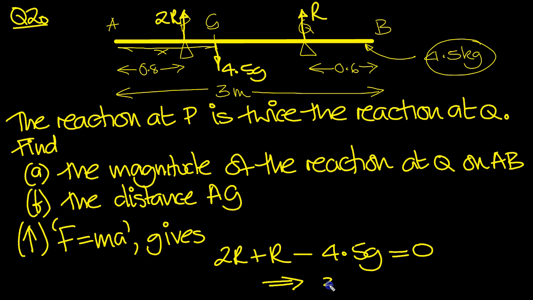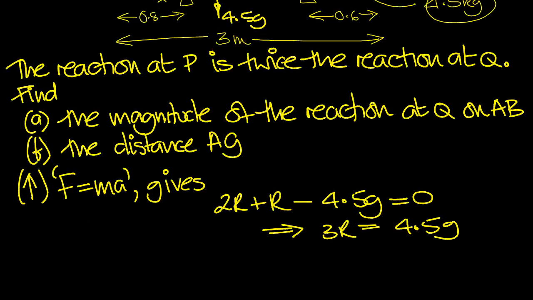So that tells us then that 3R is equal to 4.5 G. And that tells us then that R is equal to 4.5 over 3, which is 1.5. Lots of G. So there's R, 1.5 G newtons.